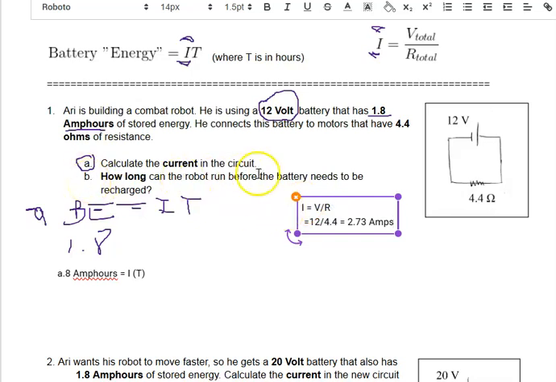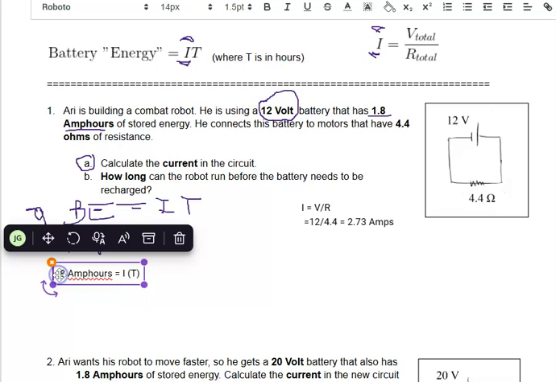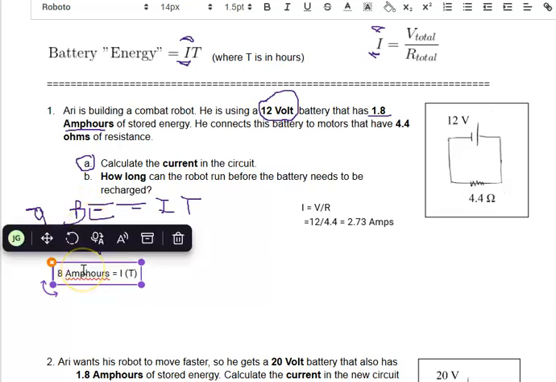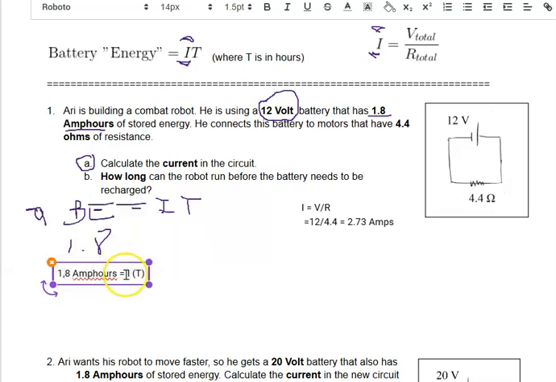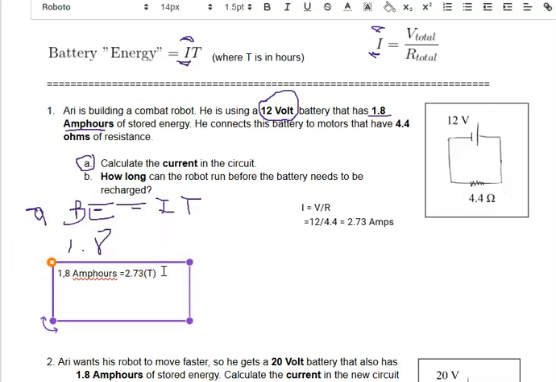And then B says how long in time can the robot run before the battery needs to be recharged. So we know battery energy is 1.8 amp hours, and that equals I times T. But I, we now know, is 2.73 times T. So we're going to divide both sides by 2.73.